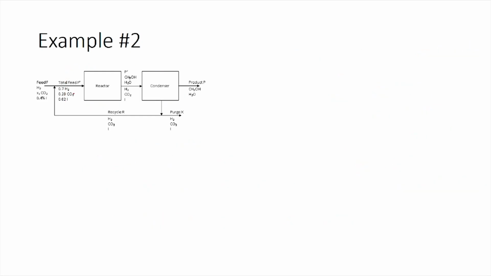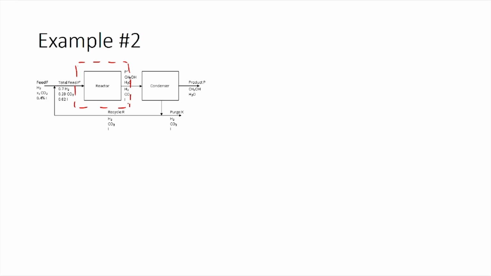Now that we have all the information about the composition of the total feed and also the single pass conversion of hydrogen in the reactor, we can calculate the total product leaving the reactor by choosing the reactor as the system of interest.